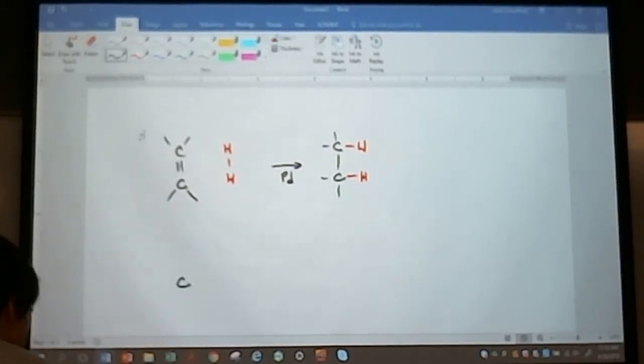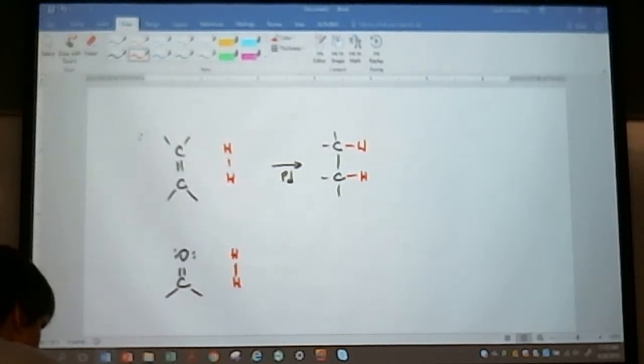It is certainly possible to have a carbon double bond oxygen and do the same, add hydrogen across the double bond, and the net result is forming a single bond and then adding hydrogen and hydrogen.